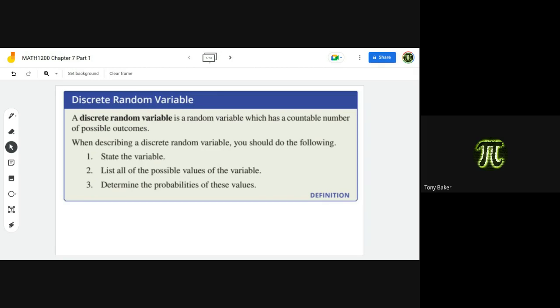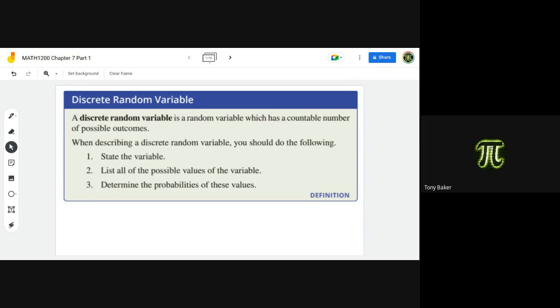So chapter 7 deals with discrete random variables, and chapter 8 deals with continuous random variables. So they are very different in how we want to treat them. Chapter 7, section 7.1 determines the difference between them. A discrete random variable is countable, and you can list all the possible outcomes.